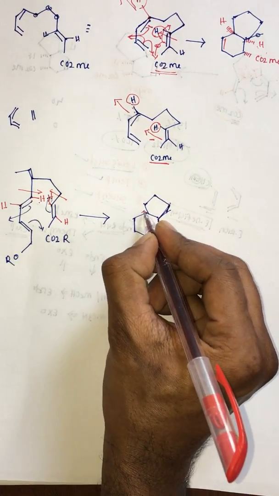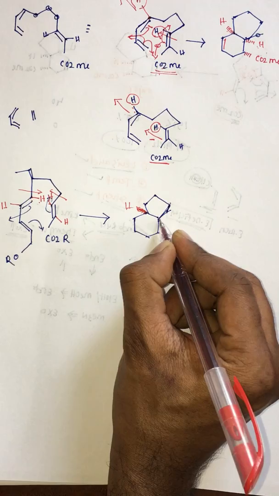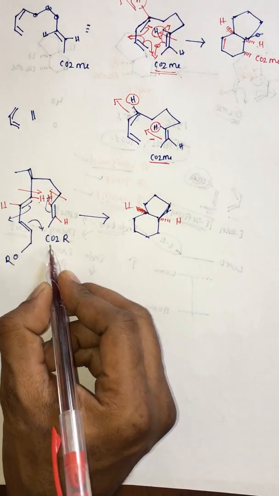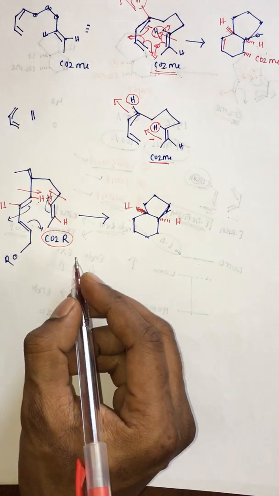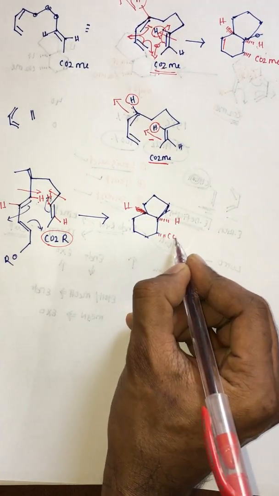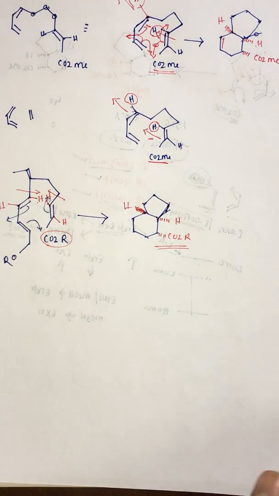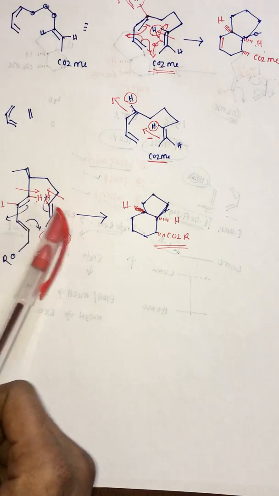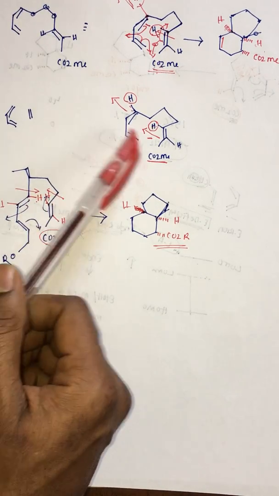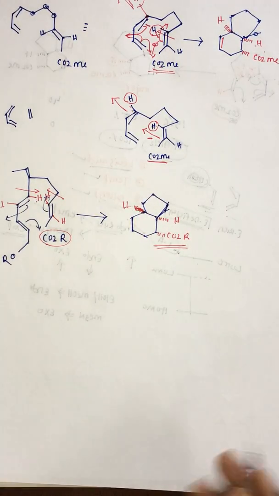Because of that, if this is above the plane, this should be below the plane. And now this hydrogen and this CO2Me are in the same direction, cis to each other. Since it is a backside, CO2Me also comes backside. We just need to see whether these two hydrogens are facing opposite direction or same direction. So here it is same direction, we got cis product. Here it is opposite direction, we got a trans.